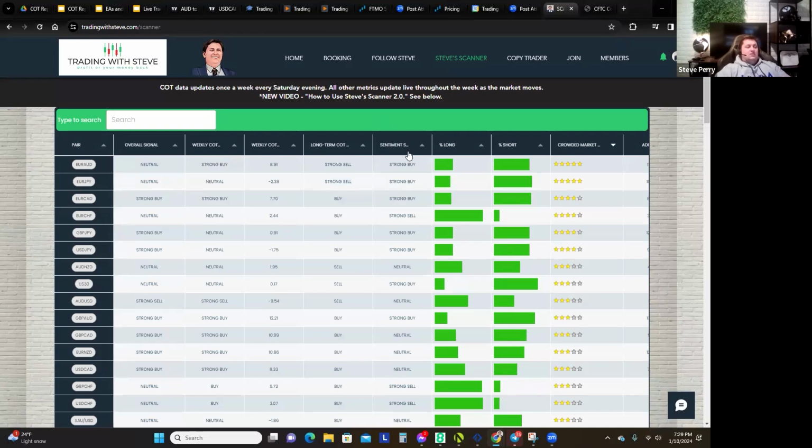Sentiment changes the most because it updates live, right? Long-term COT data updates every week, but it usually doesn't change a lot. And then you have the weekly shift in COT data, and this changes every week, right?